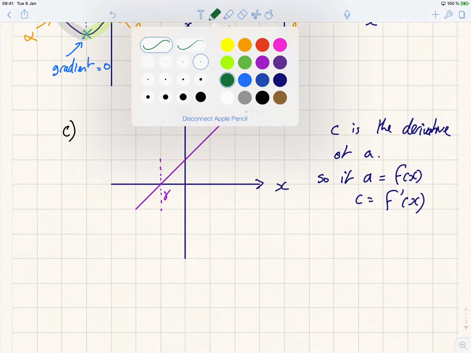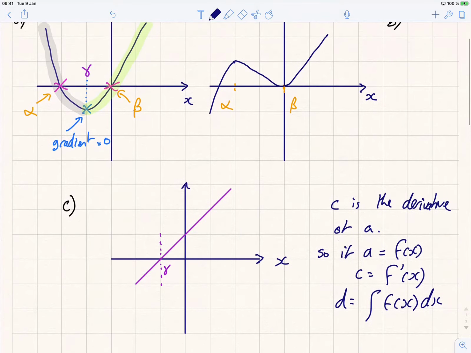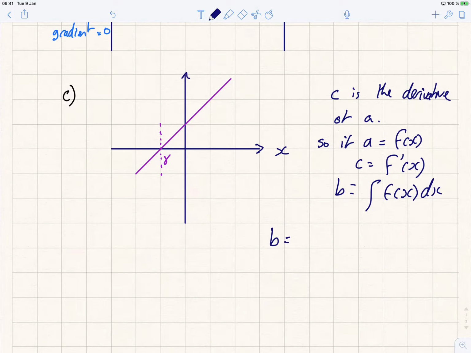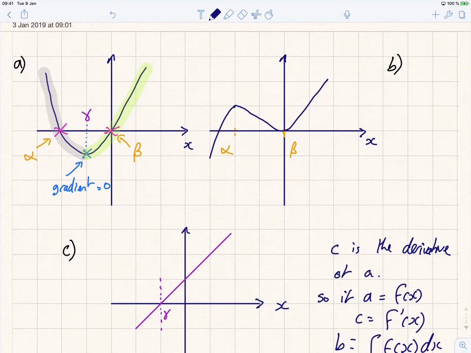And therefore we can say if A is equal to f of x, then B is equal to the integral of f of x dx. Or if we were to say if B is equal to f of x, you would have A is equal to f prime of x, and then C is equal to f double prime of x, or the second derivative. That's very difficult to do, but you should always know that if it's a straight line, it's going to be the one that's been differentiated probably the most.